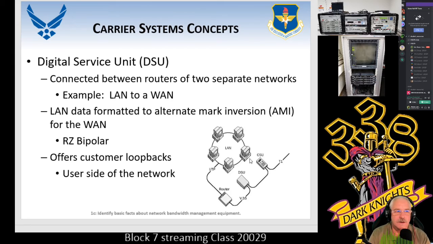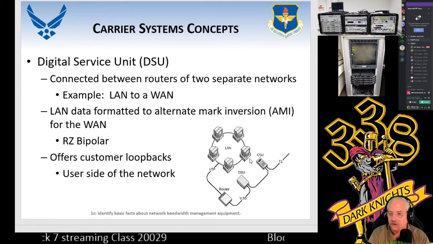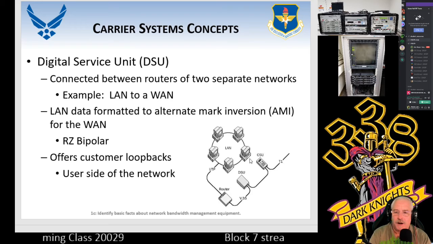We have something called a digital service unit. Now, if you take a look at the picture, you will see we have a DSU and a CSU. Most of the time with your internet providers, they'll have that in one box. So when you call them up and say, I've got a problem with my internet, they are going to go to that box.